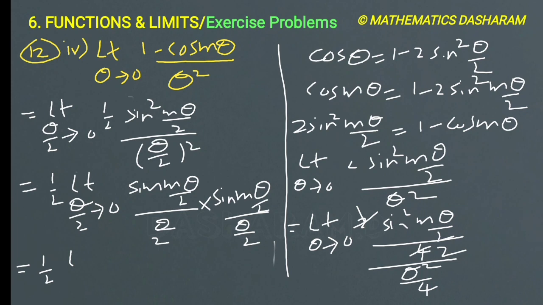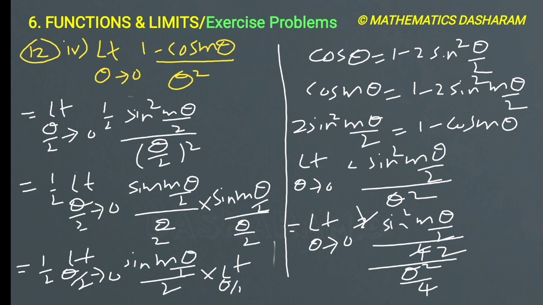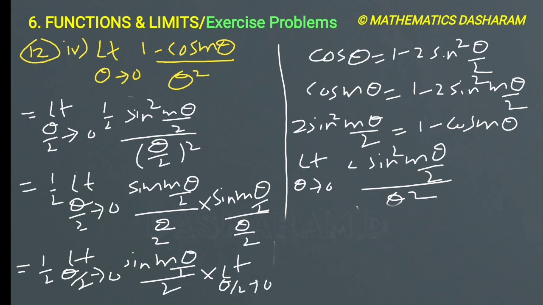So 1 by 2, limit theta by 2 tends to 0, sin m theta by 2 by theta by 2, into limit theta by 2 tends to 0, sin m theta by 2 by theta by 2.